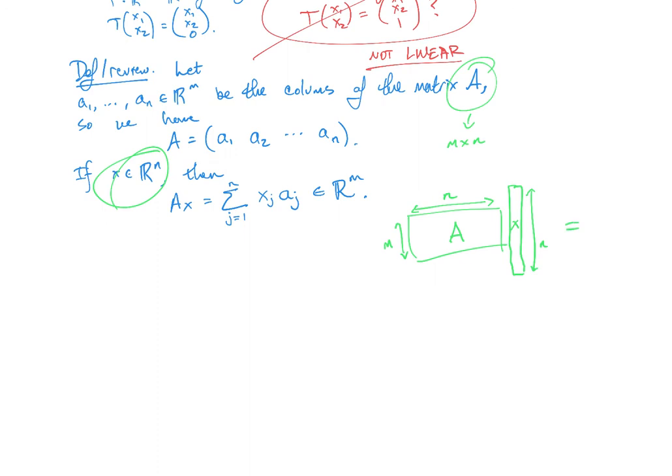And so now, this is the way I always remember the product: on the left I'm taking the rows, and on the right I'm taking the columns, and I'm doing a dot product. Okay, and so what am I going to get when I do that? I'm going to get a vector that is height m.